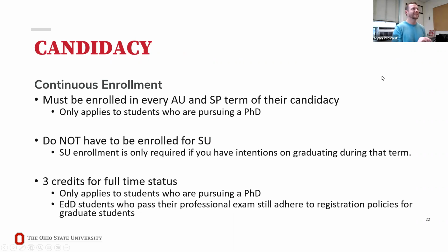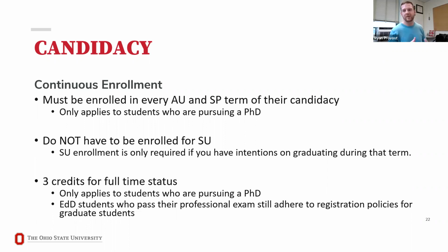Okay. So for candidacy, an important thing to remember is that while you're a candidate, you must be continuously enrolled in every autumn and spring term of your candidacy. That's only applicable to PhD students, but important to note, every term you're a candidate, you have to be enrolled.